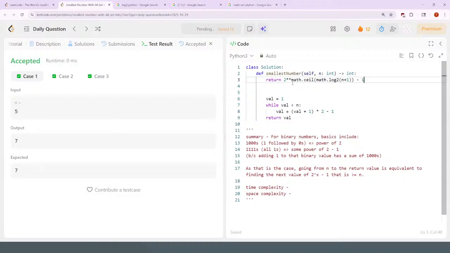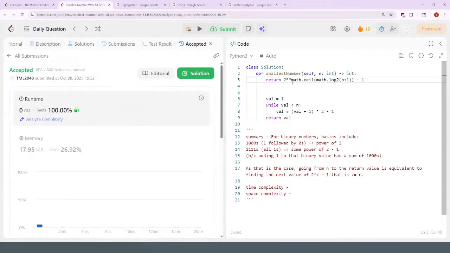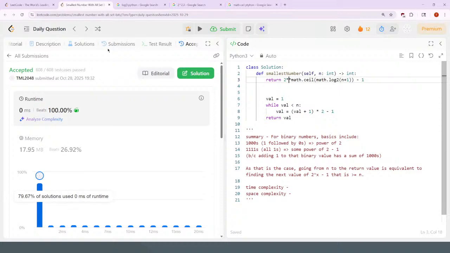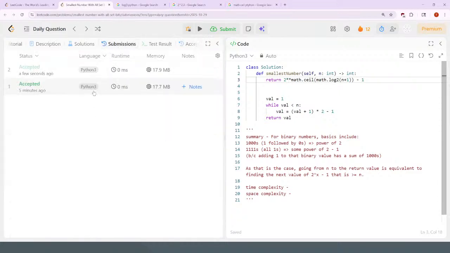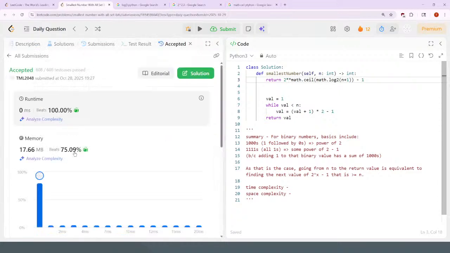Okay, well, same speed, runtime. I'm assuming this would be slightly faster since it's not a for loop. This somehow took more memory, 17.66, it's whatever. Okay.